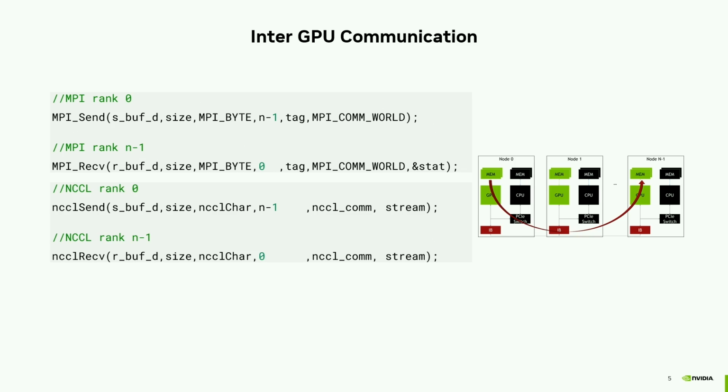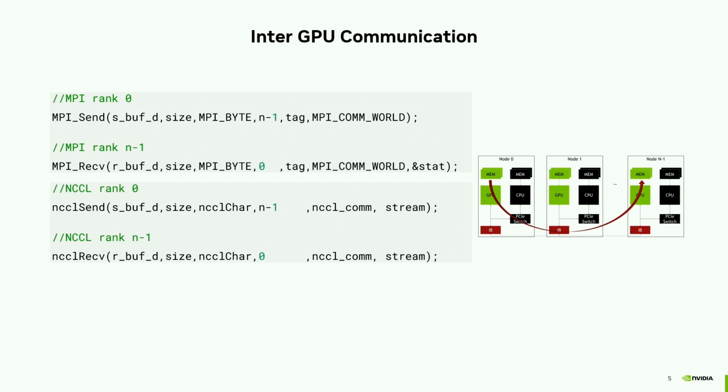It's also a send-receive, two-sided communication pattern. An important difference here is that you see the stream argument last. So it is a blocking operation with respect to the GPU stream, but it's non-blocking with respect to the host. Right after these calls are dispatched, the CPU is free to do other work, schedule more kernels, and so on.